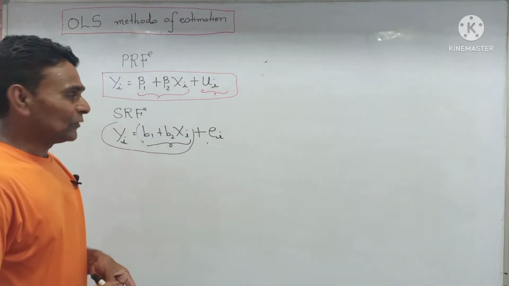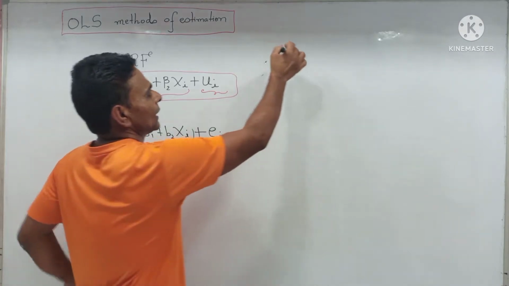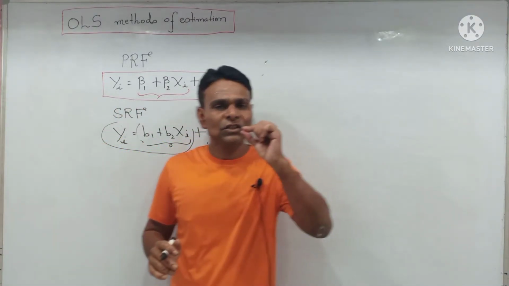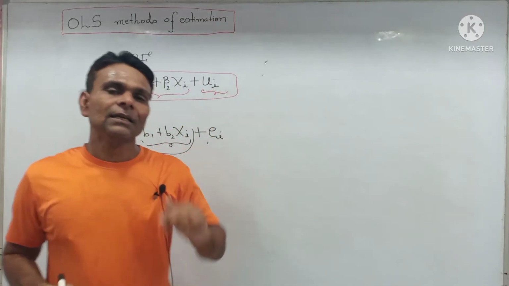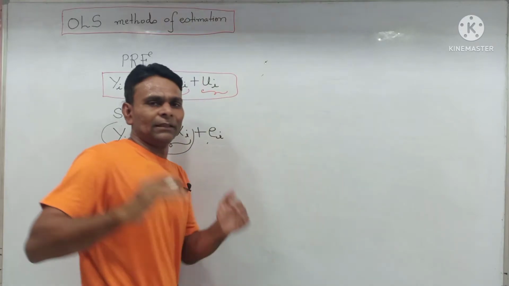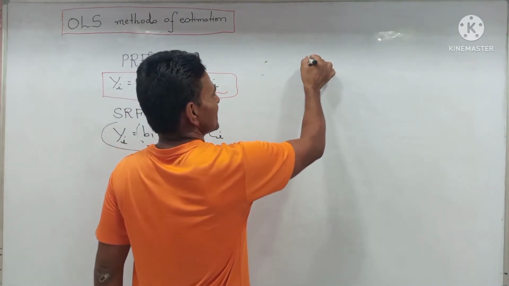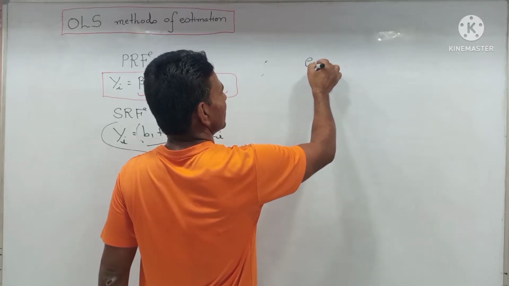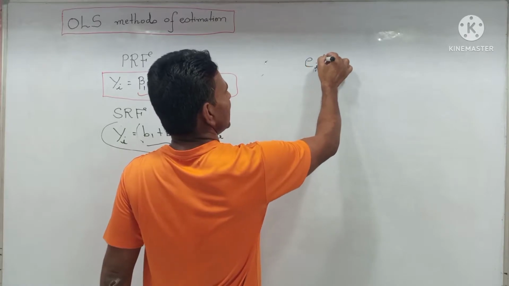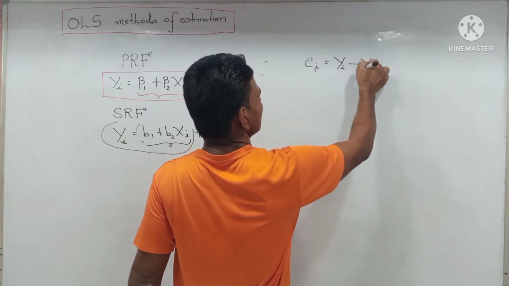This is the background before learning the OLS method. Now, what is the OLS method? It minimizes the sum of squares of differences between the observed value and the predicted value. And what is the difference between the observed value and the predicted value? It is equal to yi minus the predicted value.